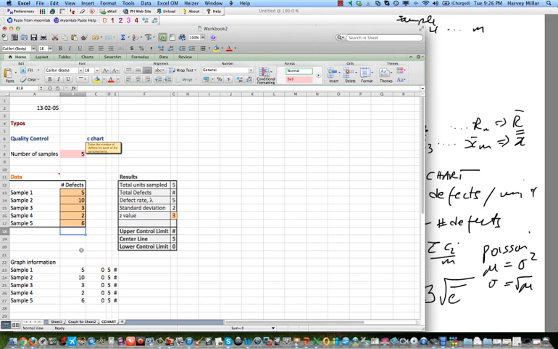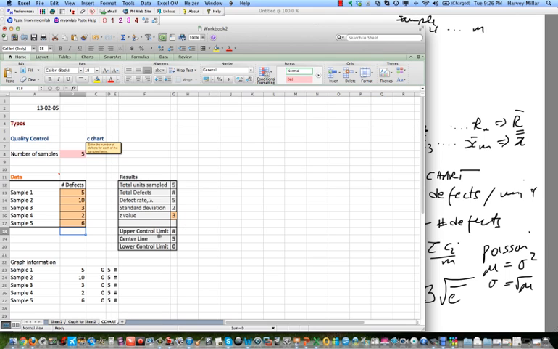So here's what we got. So if you look at this, these are defects. So the defect rate is 5. That seems to be the average, I guess. Standard deviation is 2. The Z value is 3. Total number of units sampled is 5.